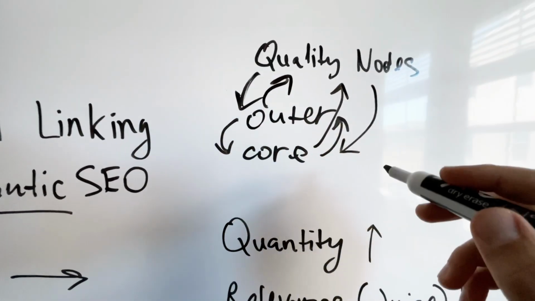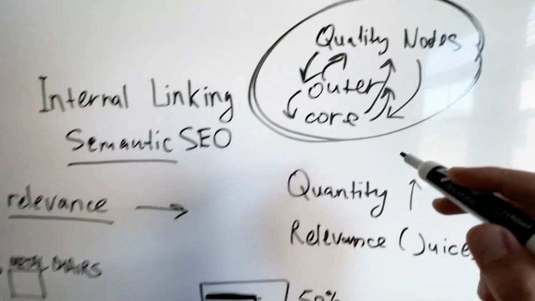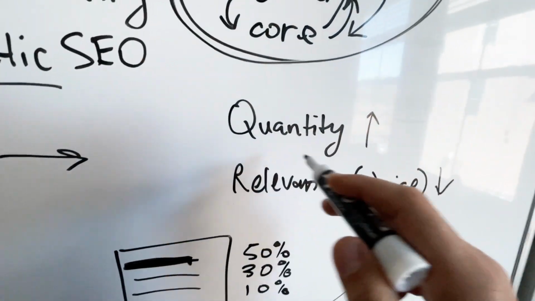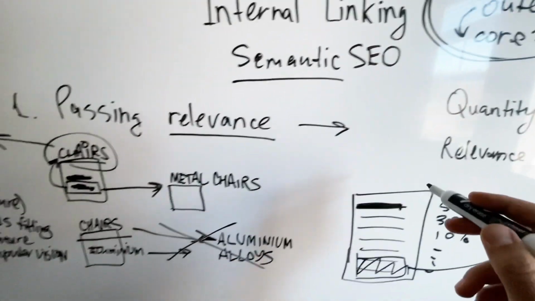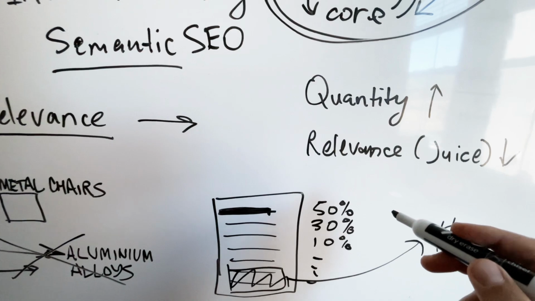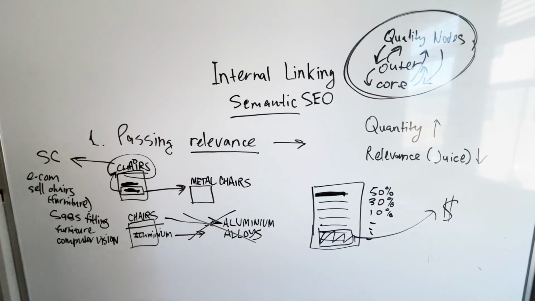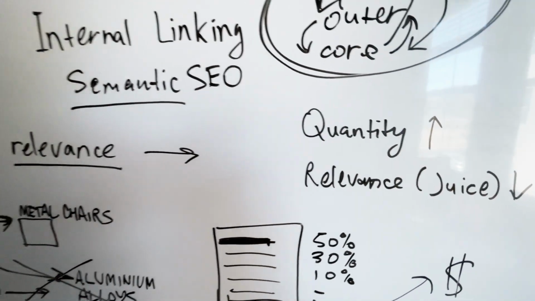But these are more complicated concepts, and let me know in the comments if you want to hear about those. But these are the main principles here: passing relevance and think about quantity of links. I'm not going to go into anchor text and what to use in the anchor text. I can do a video about that, but you can find them online. But these are the main things that you have to be aware of when interlinking articles.